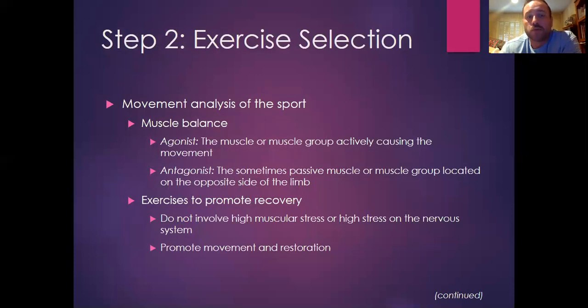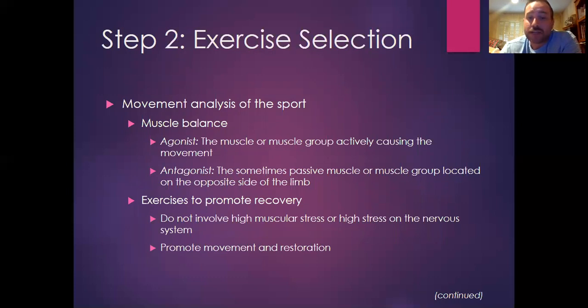Muscle balance. You want that agonist and antagonist to be somewhat balanced. Why? Because if I get one side too big or too strong and the other portion is not strong enough to withstand it, then it's not going to do the job of slowing that movement down. So we run a greater risk of injury at that point.